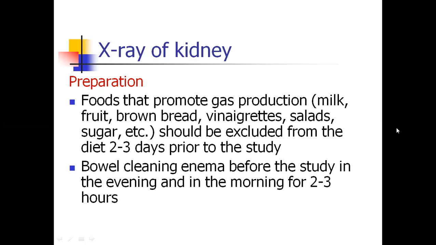Of course, these procedures are unpleasant for the patient, and plain X-ray is not so informative for kidneys. That is the reason why most patients and doctors prefer CT.